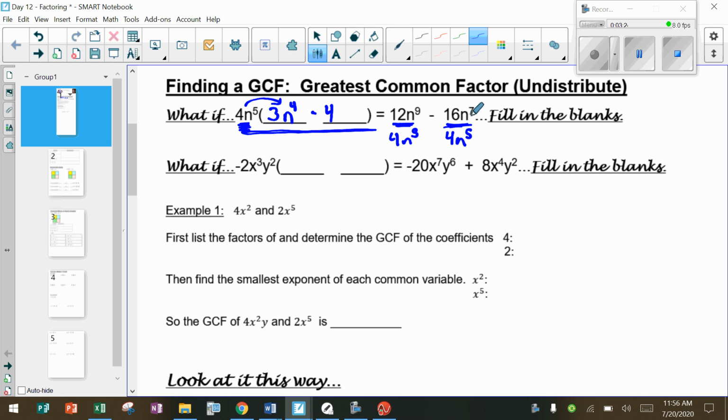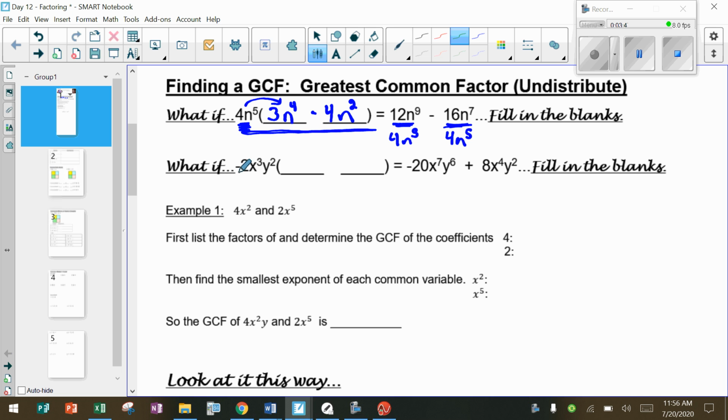And subtracting the exponents again here, 7 minus 5 is n to the second. So that is how we figure out what goes inside the parentheses. So why don't you take a pause on the video, try to fill in the blanks for the next one, and then we'll see how you did.